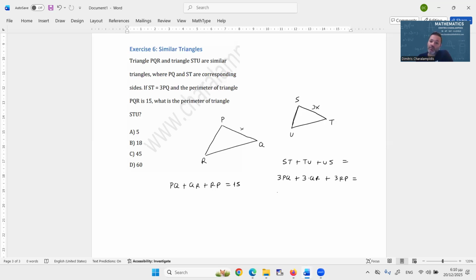Now I'm going to use 3 as a common factor, and I'm going to have it written as 3 times PQ plus QR plus RP, which is 3 times 15, which was given, therefore 45, which makes C, 45, the right choice for this exercise.